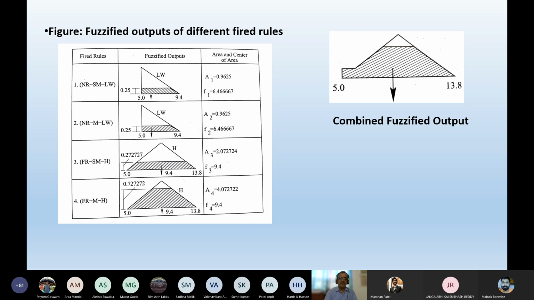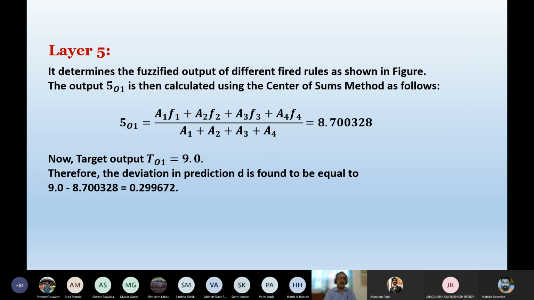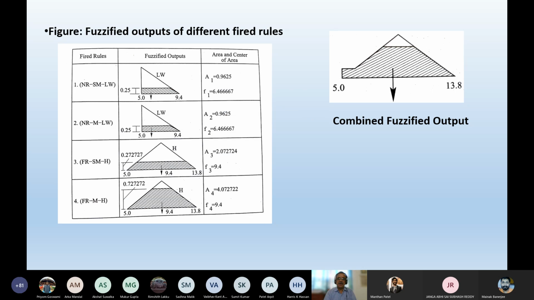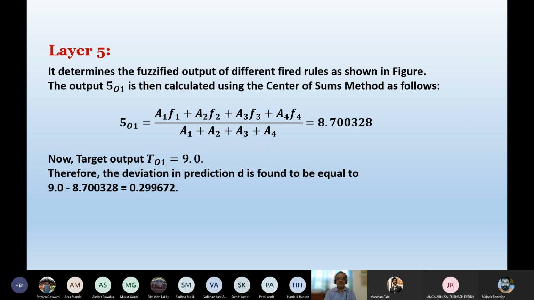So you can see that these are the fuzzified outputs for the first fired rule, second fired rule, third fired rule, and fourth fired rule. You can see that shaded portion is the output of the individual fired rule. Then we combine, and you'll be getting the combined fuzzified output, which is this shaded area. And we'll have to go for defuzzification in layer 5.